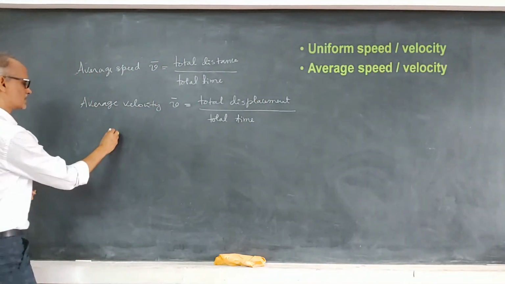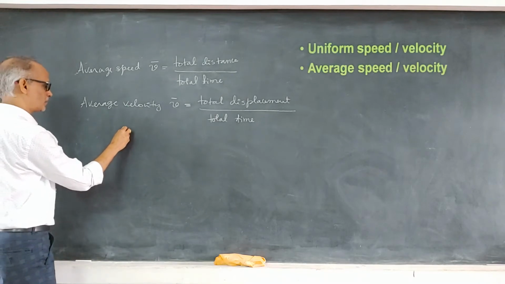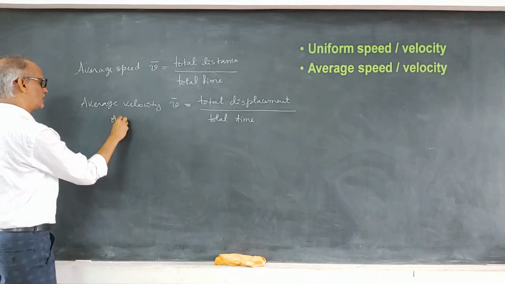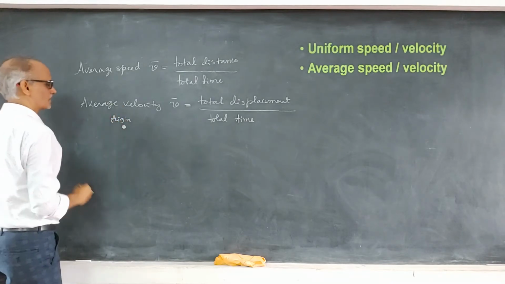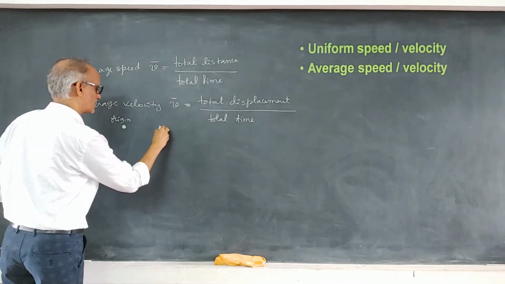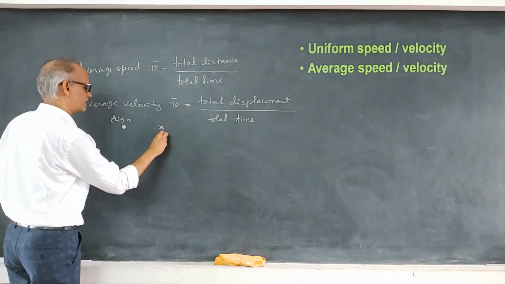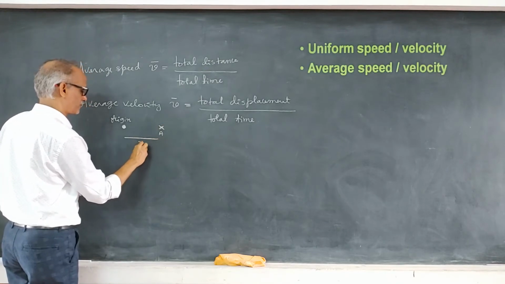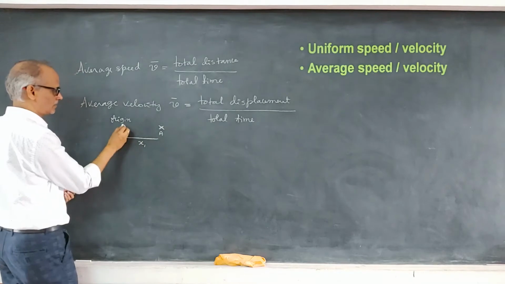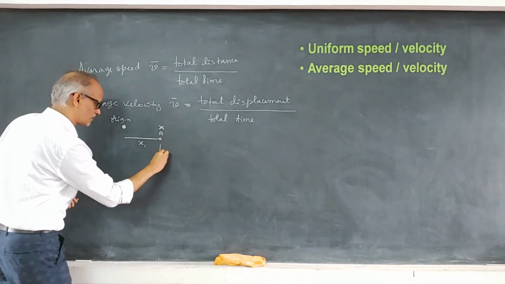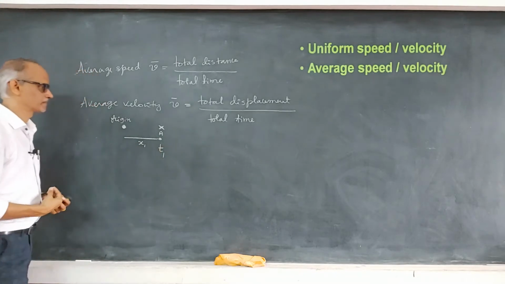Let me consider an example. This is the reference point, which we call the origin. Initially, the body is at point A, which is at a distance x1 from the origin, at an instant of time t1.